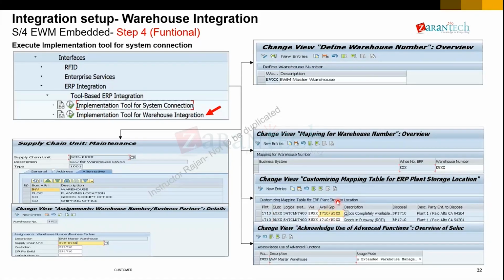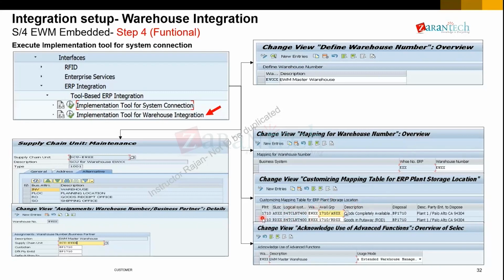I'll cover this availability group and its significance when we do the GR topic. As of now, you can just imagine that there is no concept of storage location in EWM. In lieu of that, we have something called a stock category or stock type, which is pretty much aligned with the planning module, or the APO or the IBP module. So just keep in mind there is no concept of storage location in EWM.